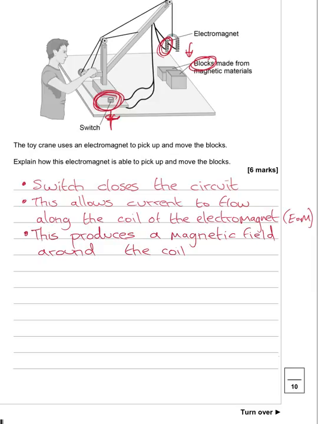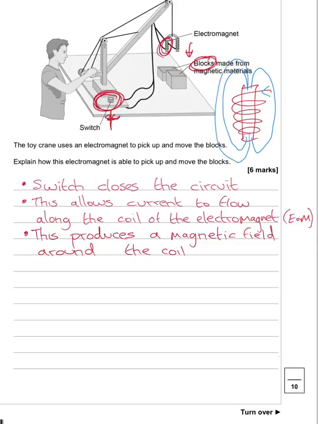Some of you might remember the lesson where you took a coil of wire, okay, and when you run a current through that wire, you get a magnetic field around it that actually looks very similar, identical in fact, to the magnetic field produced by a bar magnet.